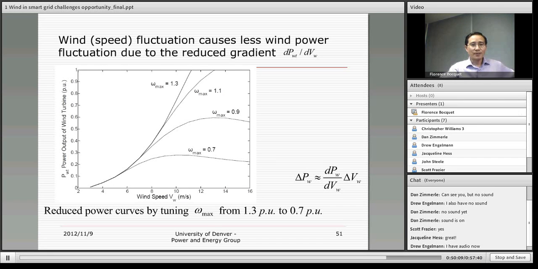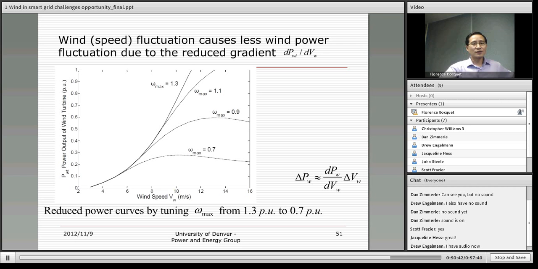Depending on the different upper limits of that speed controller, 1.3, 1.1, 0.9, and 0.7, this is the power output. As you see, the slope and the derivative of the slope of the wind power output as a function of the wind speed changes. As we reduce that upper limit omega max, we see a much reduced derivative.